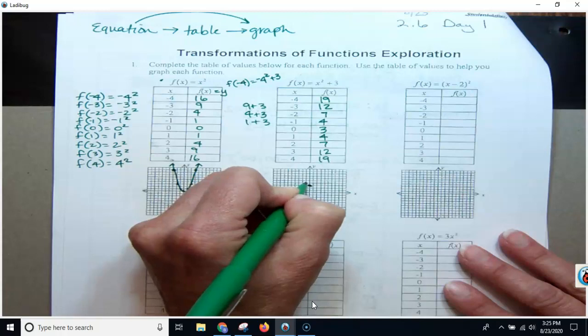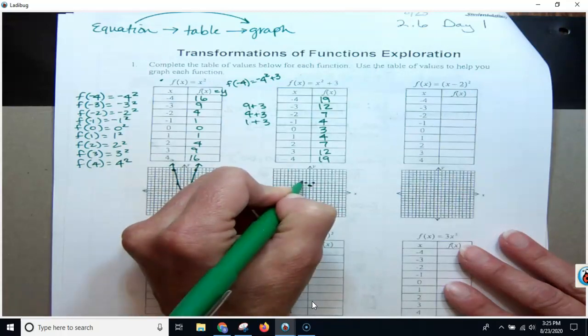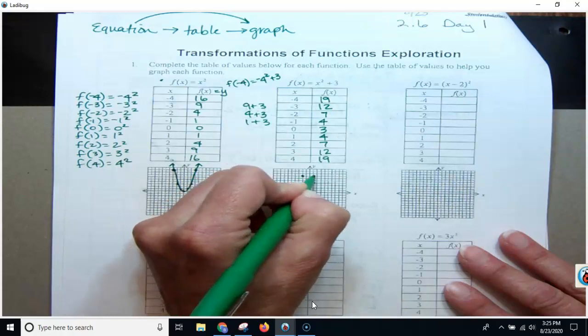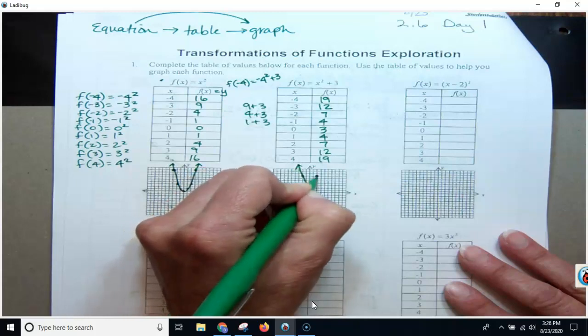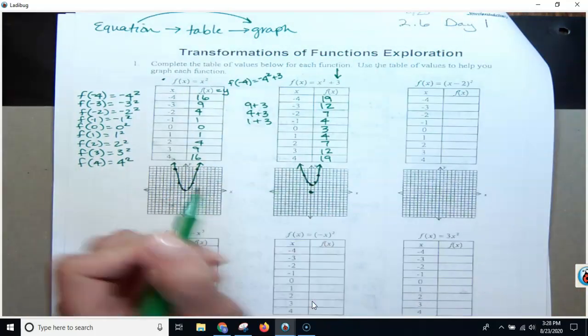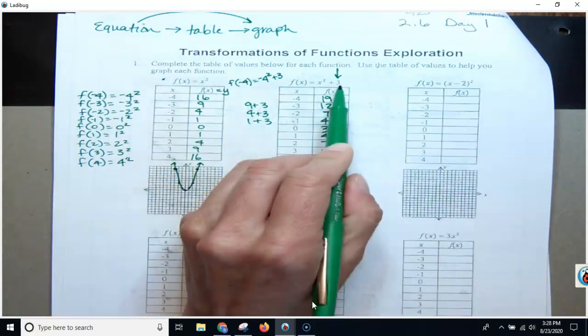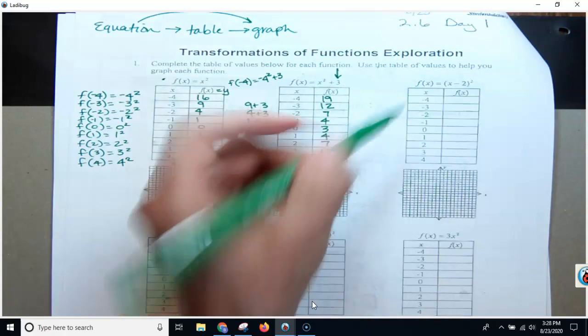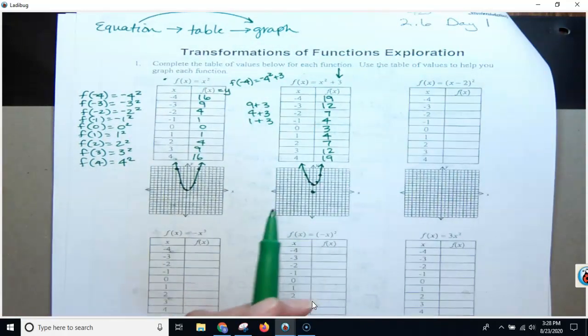And (1, 4), (negative 1, 4), (2, 7), so 5, 6, 7, and so on. And you're going to notice that this has moved up 3 units. And look here, it's up 3 units. So go ahead and try and work the graphs on all of these and see what you get. That'll be on the next video.